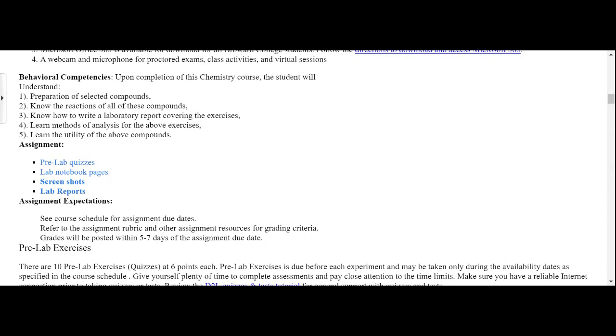But the bookkeeping part, which is a very valuable competency for the lab, is something you are going to be trained very well on. We are following the ACS guideline, the American Chemical Society, in preparing the lab notebook and the lab report for the organic chemistry lab. All the components that we are using are kind of universal.